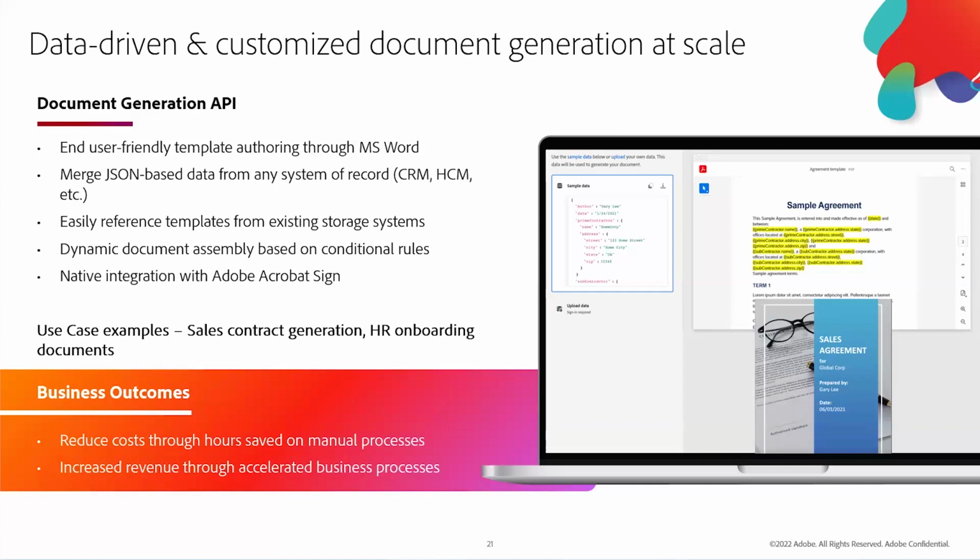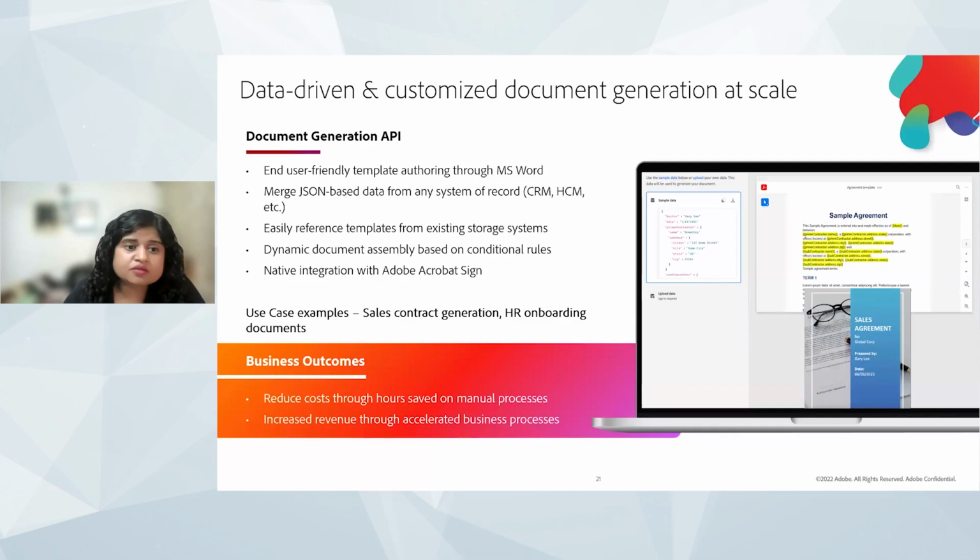So once the template is created, you can merge JSON data based on any system of record, CRM, HCM, any other solution that you may have. You can easily reference templates from existing storage systems. There's also dynamic document assembly based on conditional rules. This really helps you reduce the number of templates that you would need to create.